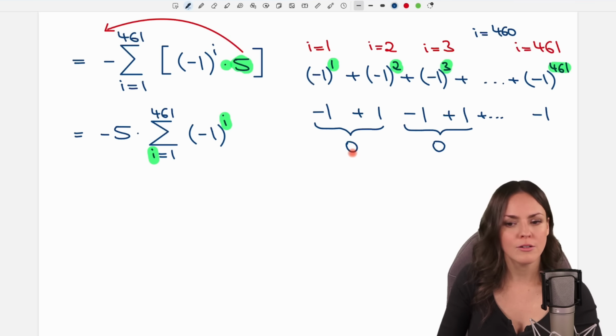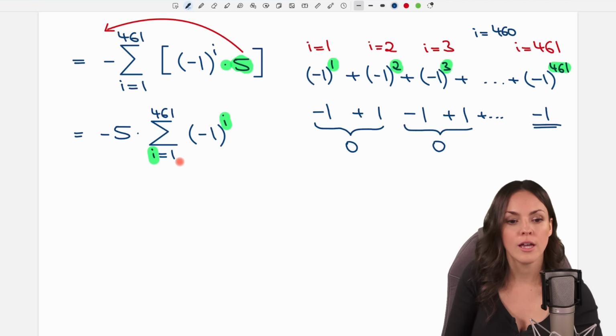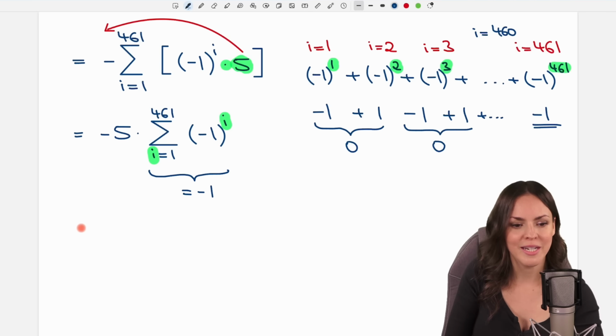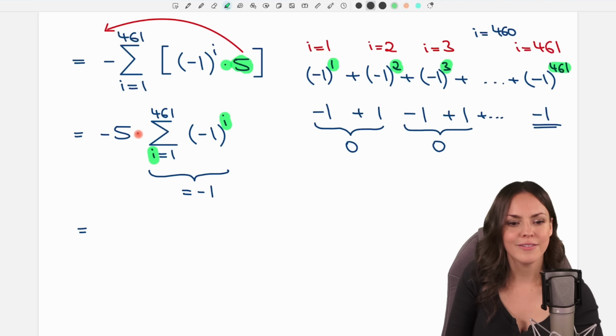So we have 0 plus 0 plus 0 plus 0, and in the end we have the negative 1 as a result of this whole sum. So this equals negative 1. So in total, we have negative 5 times negative 1, which just equals 5.